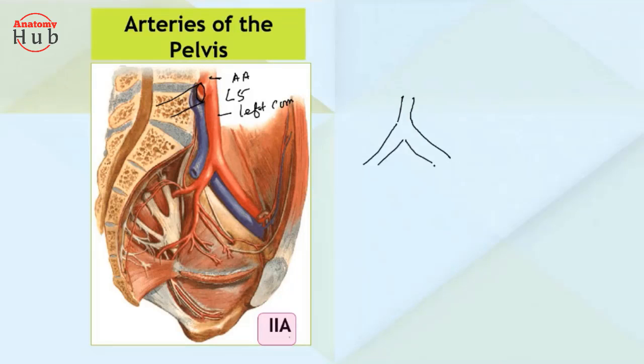Okay, what is that? One will be the external iliac artery, and this will be the internal iliac artery. Okay, internal iliac artery. Fine.